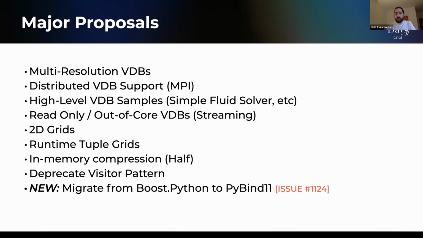Cool. This is a relatively new topic that's come up over the last few months. Again, in the spirit of reducing dependencies, Boost Python is pretty mammoth for what it does, and it's a really good library. But we've noticed that people have been struggling to get the Python bindings with VDB working on particular platforms. Boost Python comes with a lot of its own dependencies as well.